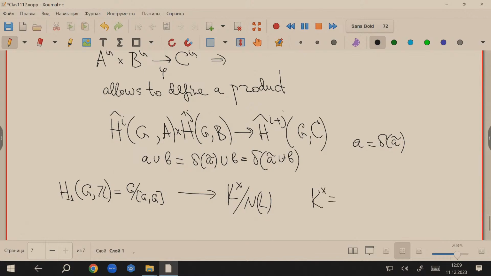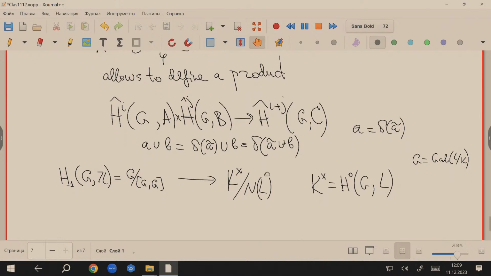It is just, as we have noticed, invariance of the Galois group. So G is always the Galois group of L over K. And this is precisely the norm map. So the norm map applied to L, so this is an image of the norm map.